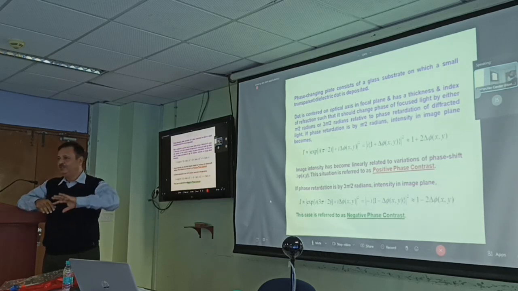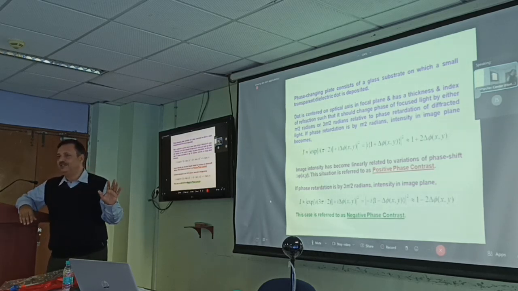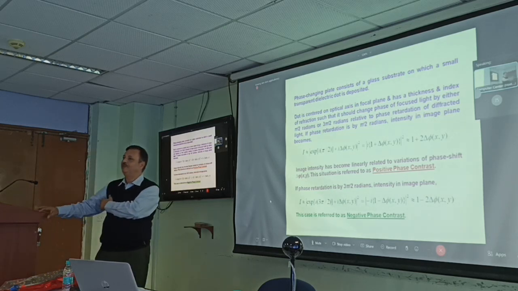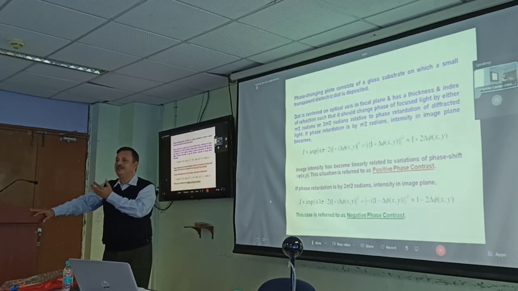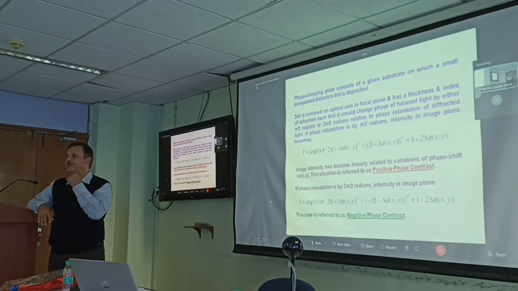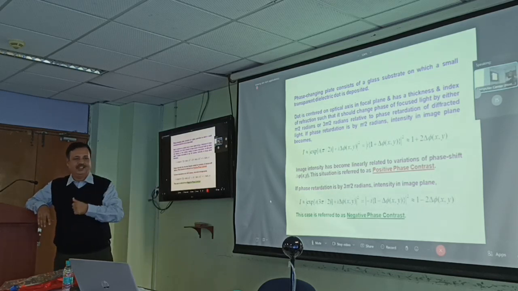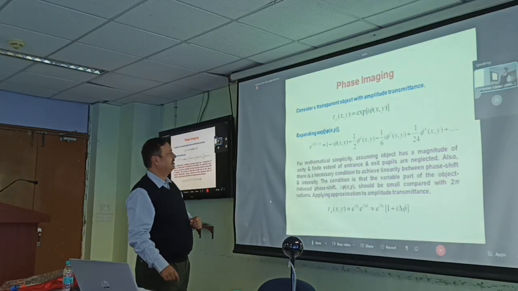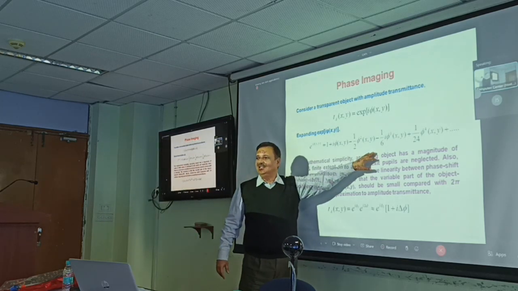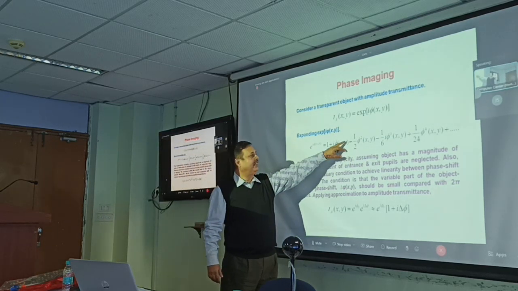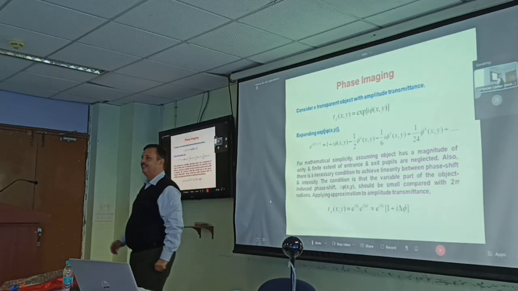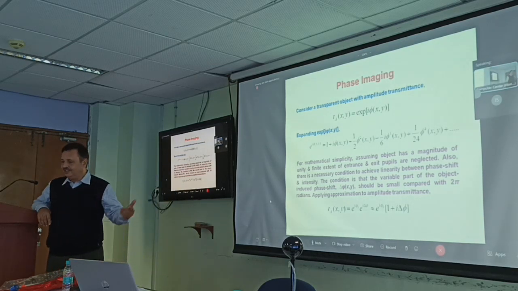Now this concept, which was given long back by Zernike, has been further modified by a group of scientists from Denmark. His name is Jesper Glückstad. What he suggested, if you go back to this expression, is that you are expanding this exponential term. In the case of Zernike, he was considering only up to the first term. Higher order terms he neglected.